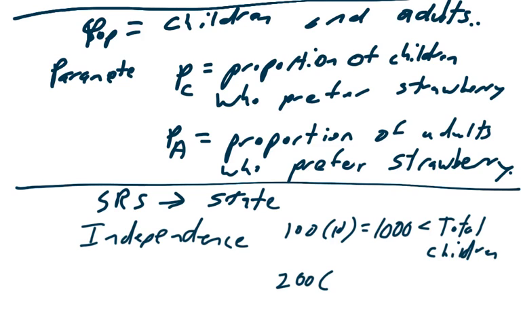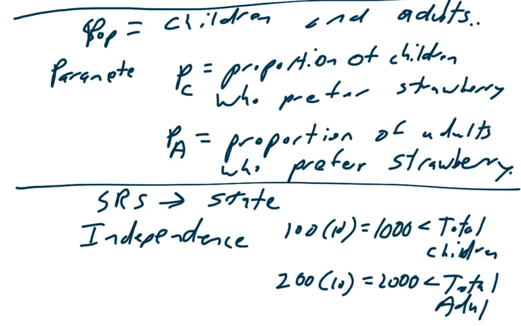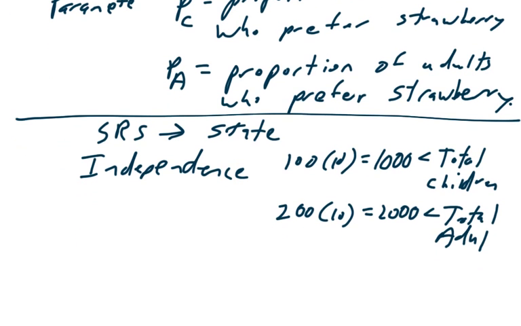And 200 times 10 equals 2,000, which is clearly less than the total amount of adults. And so, we now have to go to the normality.